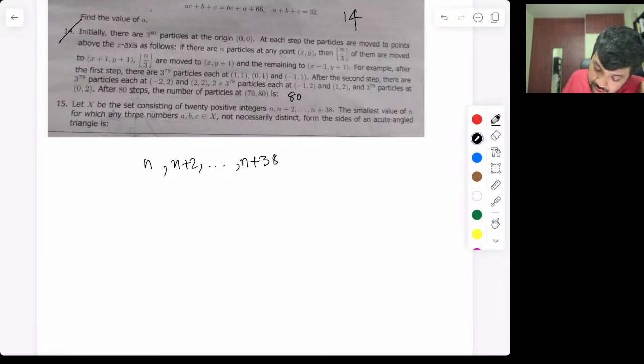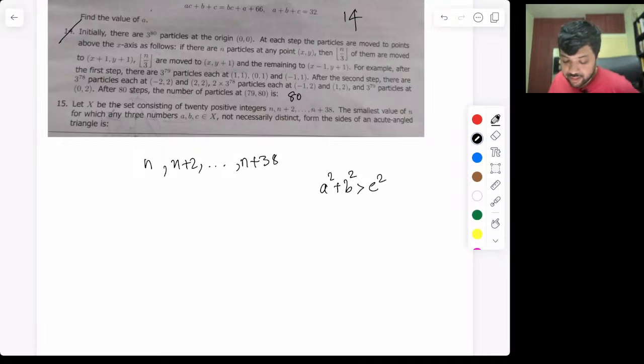The condition for an acute angle triangle, if a, b, c are sides of the triangle, is that a square plus b square must be greater than c square. I always check with equilateral.